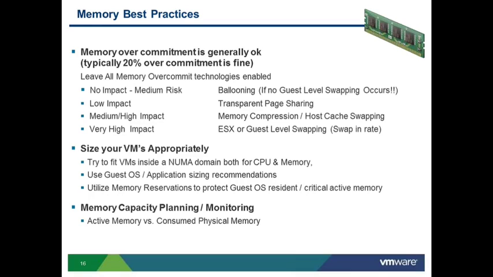All these things have been developed for a number of versions, and they work extremely well together. In fact, in some ways, they're actually complementary. So turning them off may have a significant impact versus leaving them on, particularly things like transparent page sharing and ballooning, which have a very small consequence as far as leaving them on.